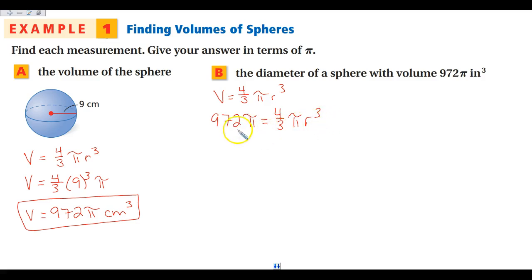So first thing I'm going to do, divide both sides by pi so that those can drop away and have 972 is equal to 4/3 r cubed. Now, to get rid of my 4/3 here, we're going to multiply both sides by 3/4.